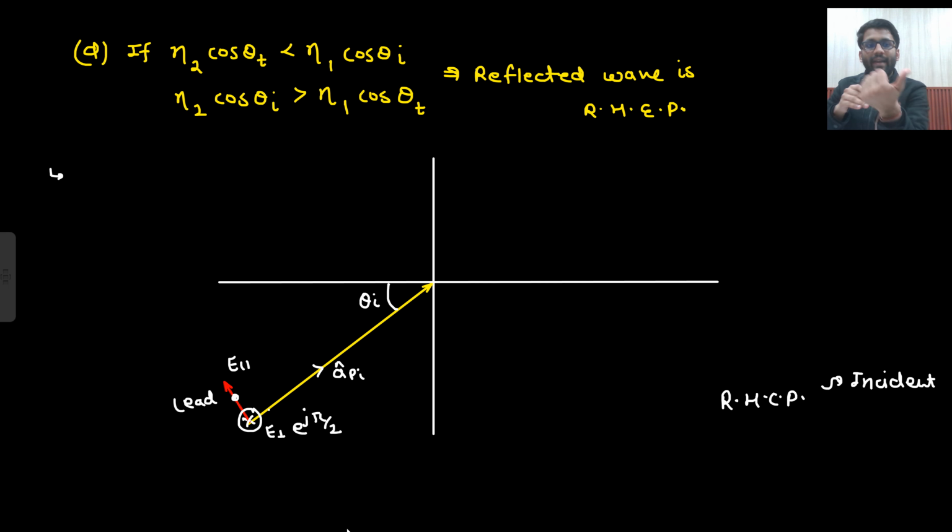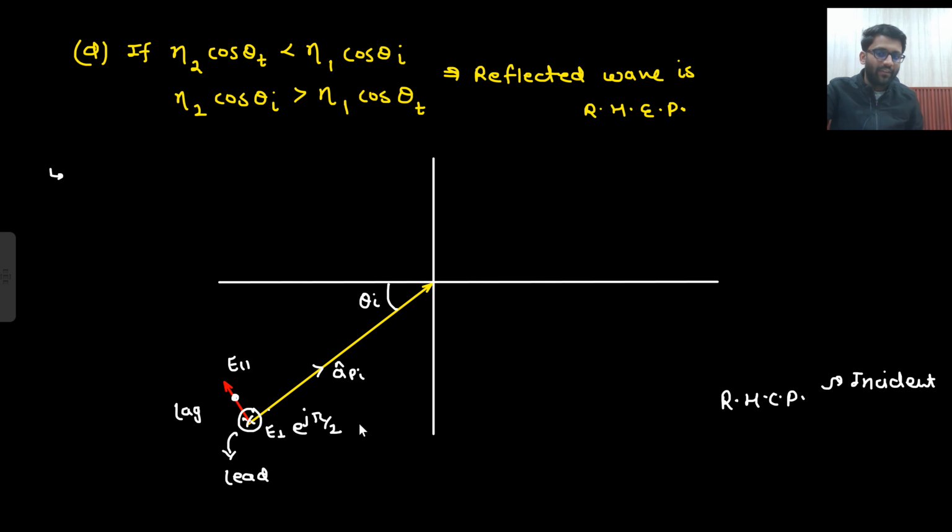So from lead to lag, I need to use my hand, and if I am using my hand from lead to lag, my direction of propagation is this one. You need to visualize it. I hope I have given enough visualization. If I have made it like this, the component that is inside would be leading, and this would be lagging. So you need to take your hand from lead to lag, and the thumb should show the direction of wave propagation. Yes, with the right hand I am able to achieve it.